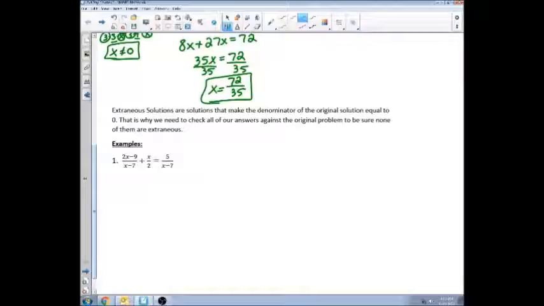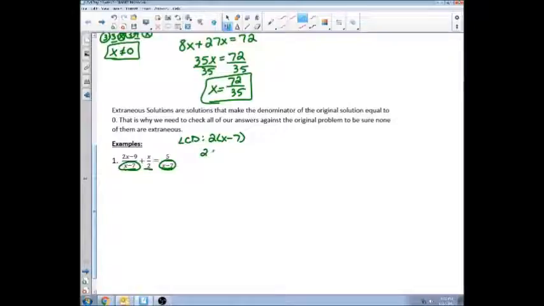So problem number 1. I have x minus 7 and 2 times x minus 7. So the x minus 7s are shared, so my LCD is going to be 2 times x minus 7, because of this 2 and then the x minus 7s are shared.